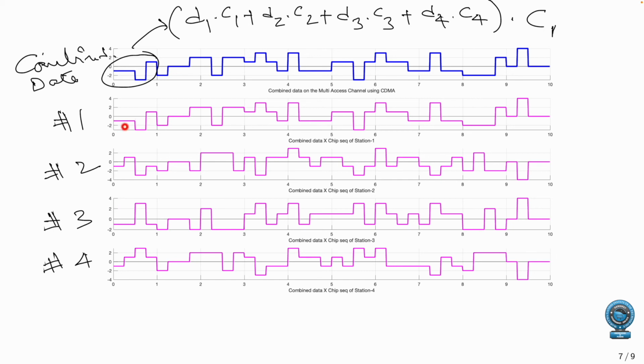If you observe carefully, and we assume each chip to be of unit area, we have 1, 2, minus 1, minus 2, and then minus 3, minus 5, and then this small unit on the positive side, so we have plus 1. Totally we have minus 4 effective area in this case. Minus 4 area indicates, whenever it is minus, that the station has sent 0.